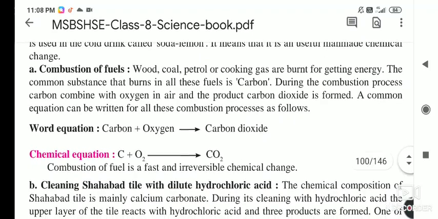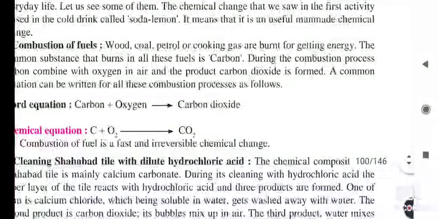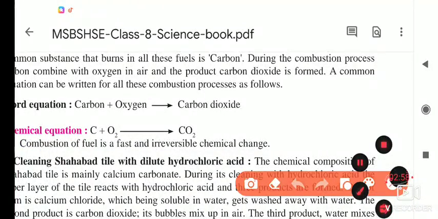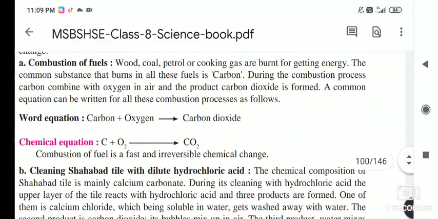During the combustion process, carbon combines with oxygen in the air. This is the carbon present in wood, petrol, diesel or any petroleum substance, or in the cooking gas, and it reacts with oxygen from the air and forms CO2, that is carbon dioxide gas.